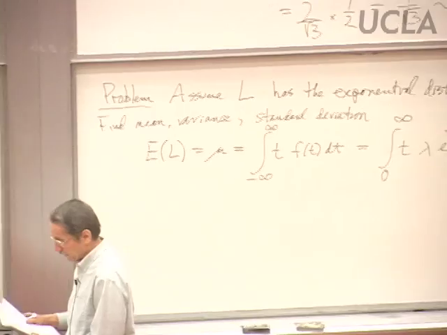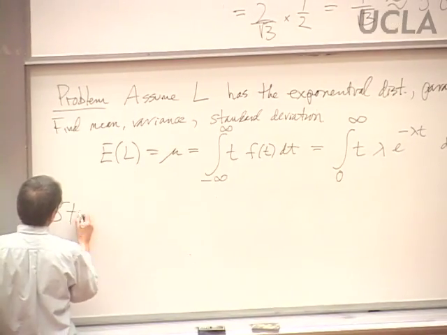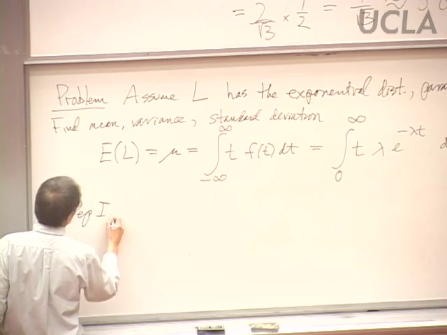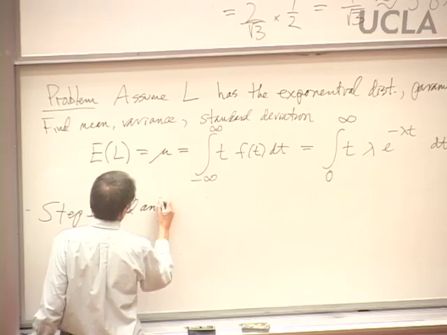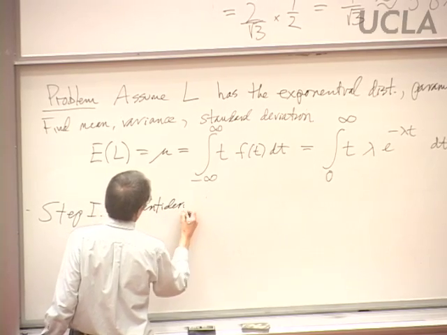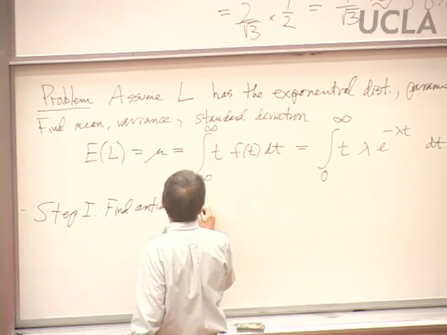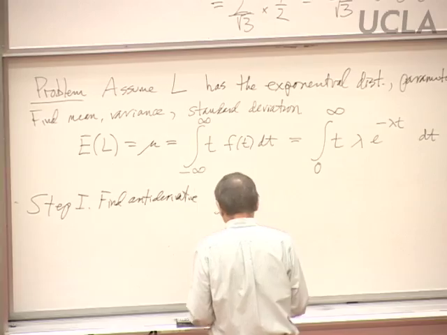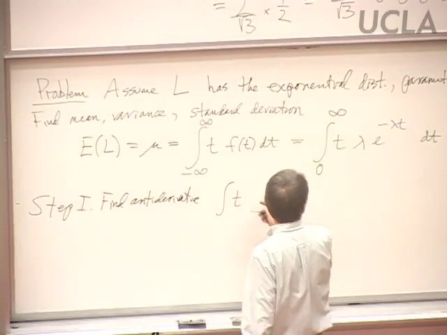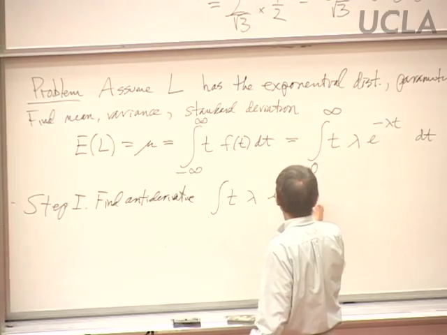Okay, step 1 in the evaluation. We need an antiderivative for t times lambda e to the minus lambda t.